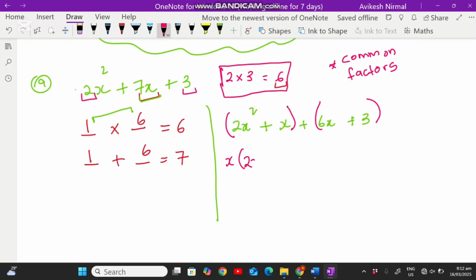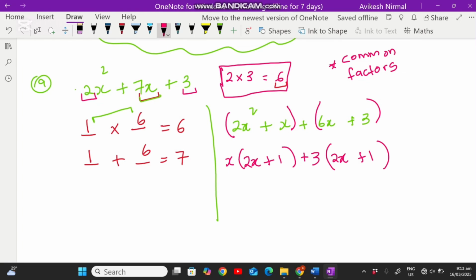So it's 2 times x. x times 2x will give me 2x squared and plus 1. So x times 1 gives me x. So this is factorized. Plus here, what is common? I think 3 is common in both. So I'll close this bracket. 3 times 2x will give me 6x plus 1. 3 times 1 will give me 3. So this is factorized.